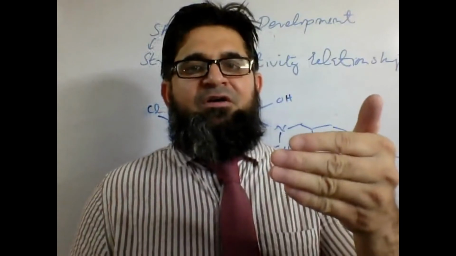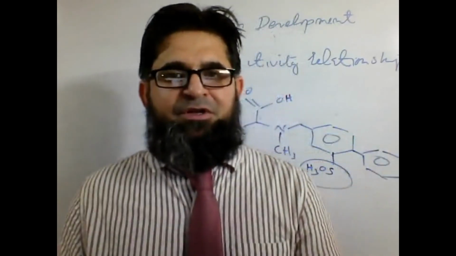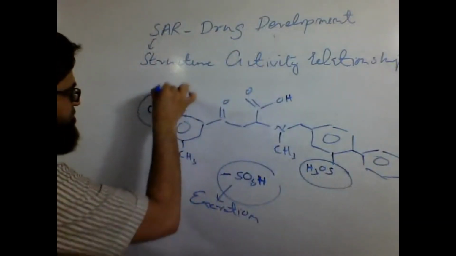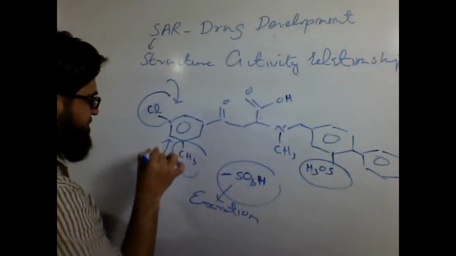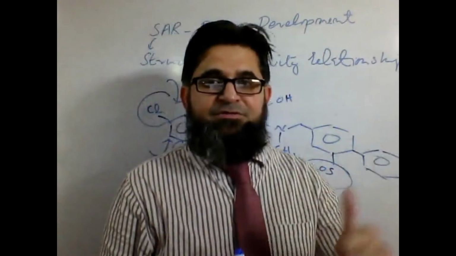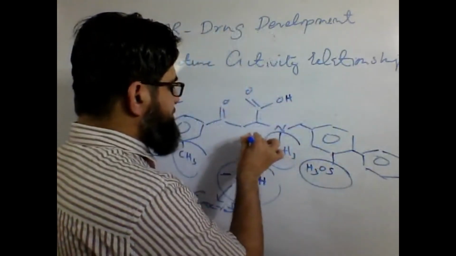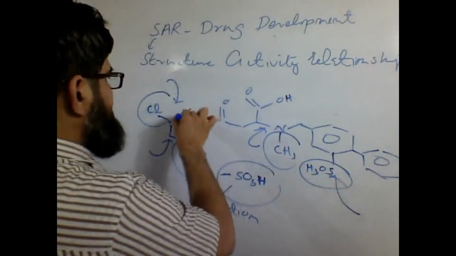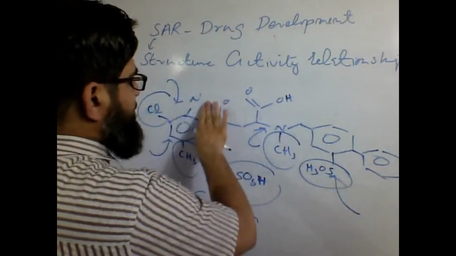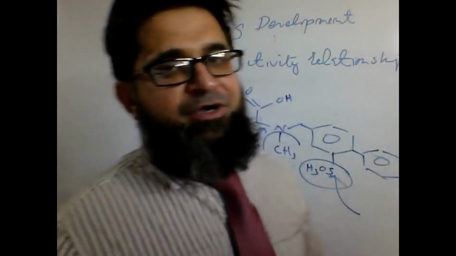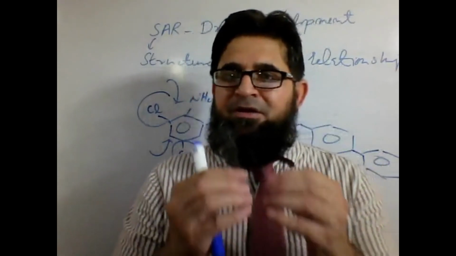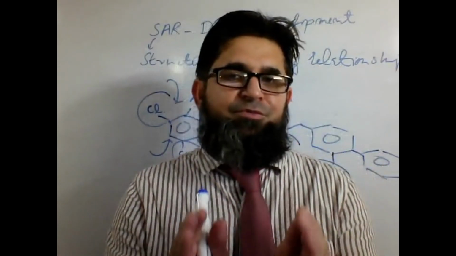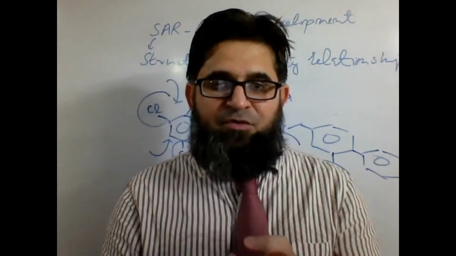Then being a pharmacist or a student of pharmaceutical chemistry, having background knowledge of how you can introduce substituents on the rings, how you can introduce substituents on the chain, how you can introduce SO3H groups, how you can introduce basic groups, is the main requirement to convert lead molecules into proper drugs. So what is required?